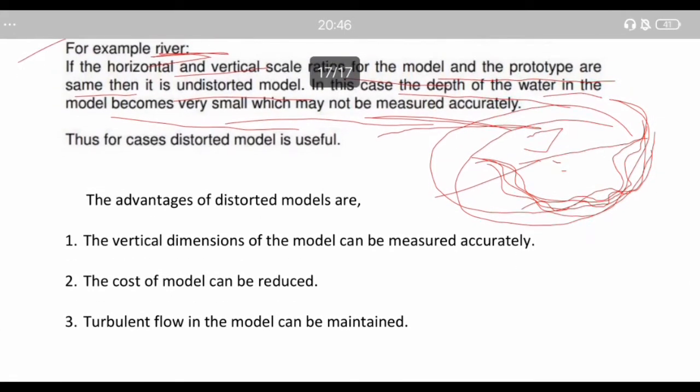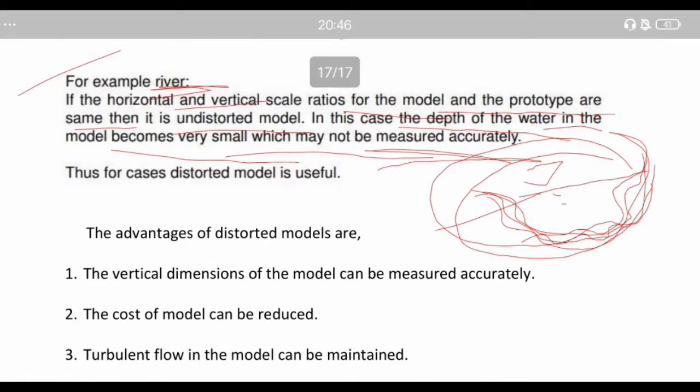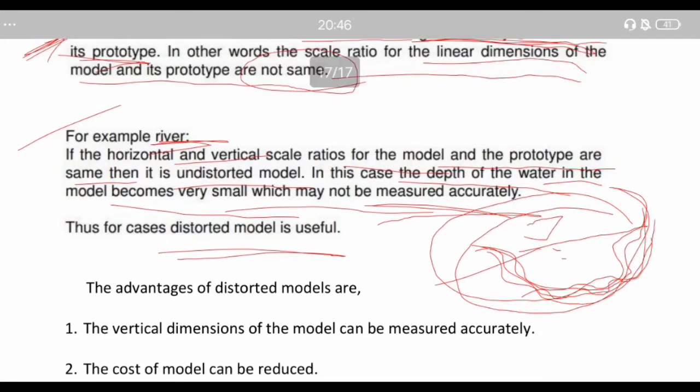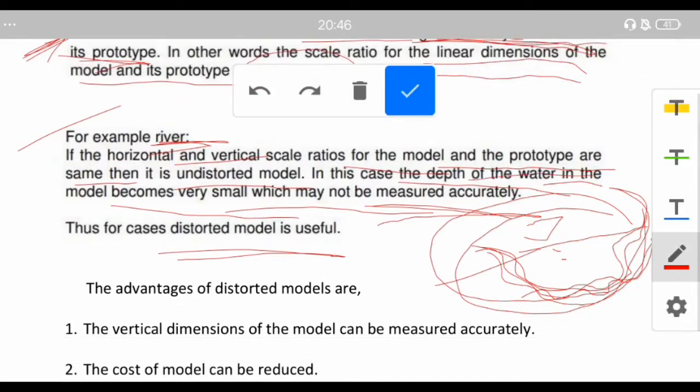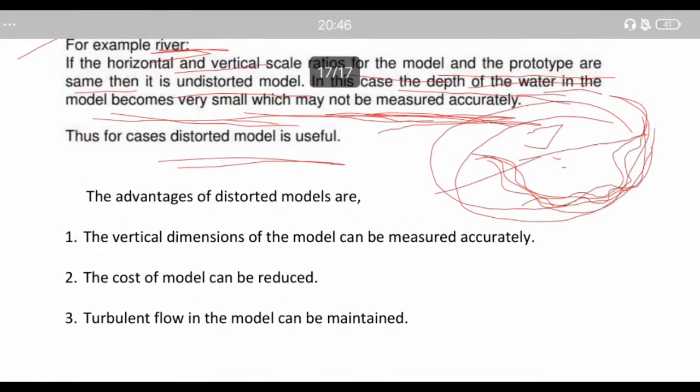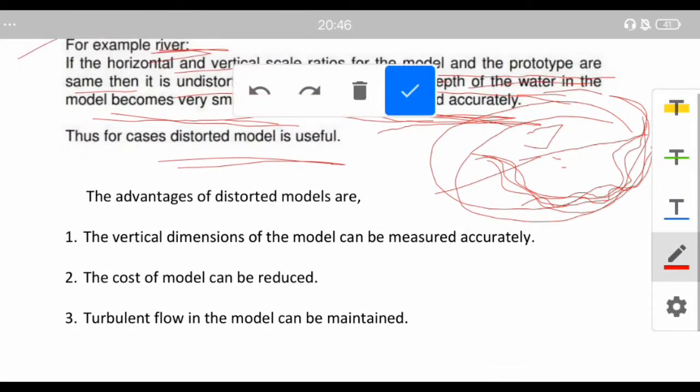For these cases we will use distorted models, because in this case the depth of the water in the model becomes very small, which may not be measured accurately. So we keep some variations in the model. We distort the model, and thus it becomes useful for studying such cases.